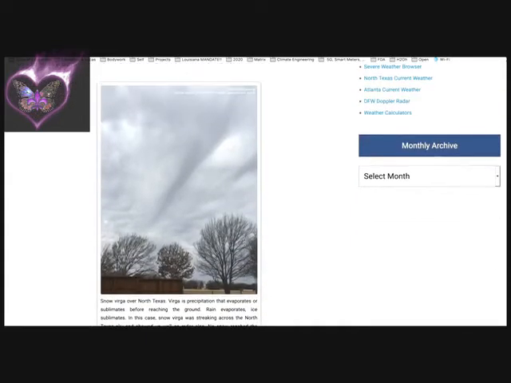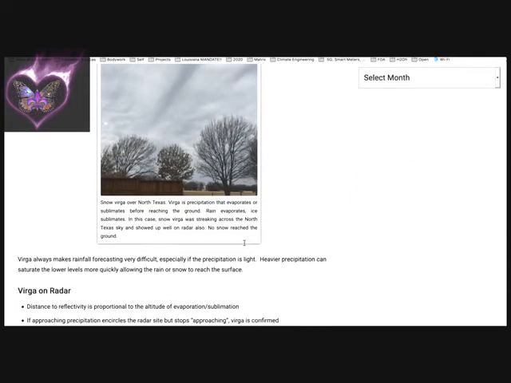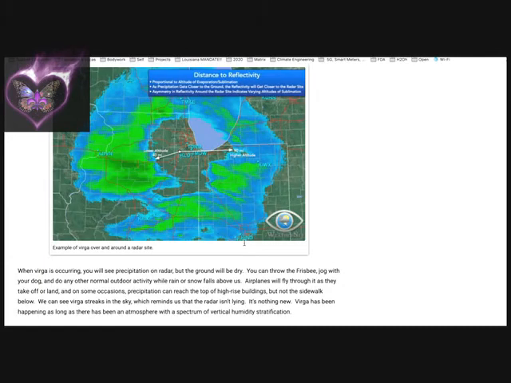Snowflakes sublimate. Raindrops evaporate. To an observer on the ground, precipitation that is evaporating aloft will appear as streaks extending down from the cloud. See the first image. This is called a virga. Yeah, doesn't quite make it down. So dehydrated. So when virga is occurring, you will see precipitation on radar, but the ground will be dry.